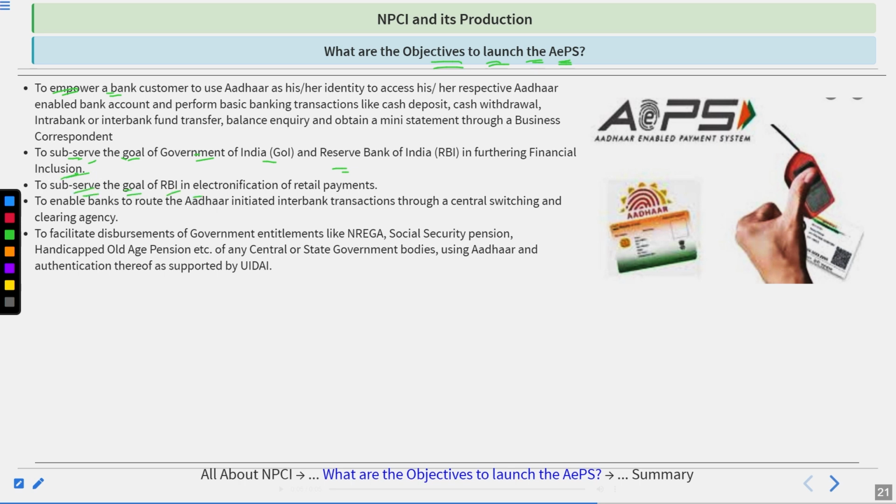To serve the goal of RBI in electronification of retail payments. To enable banks to route Aadhaar-initiated interbank transaction through a central switching and clearing agency. Facilitate disbursement of government entitlements like the NREGA, Social Security Pension, Handicapped Old Age Pension, etc. of any central or state government bodies using Aadhaar and authentication thereof as supported by the UIDAI.